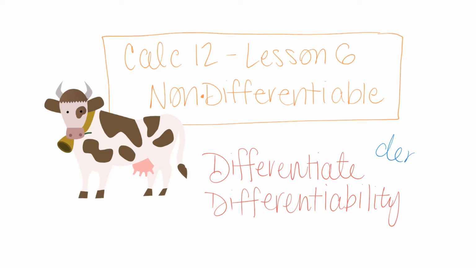So if something is differentiable, then you can take its derivative. If it's not differentiable, then you cannot take its derivative. So therefore, whether or not you can differentiate something is discussing a function's differentiability.